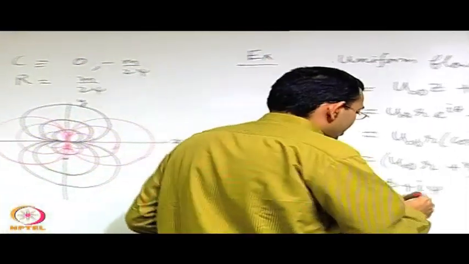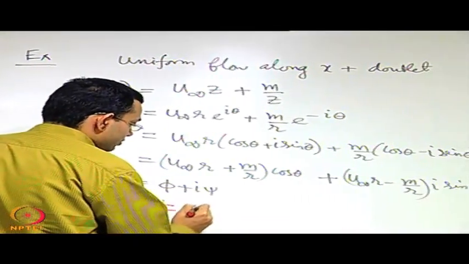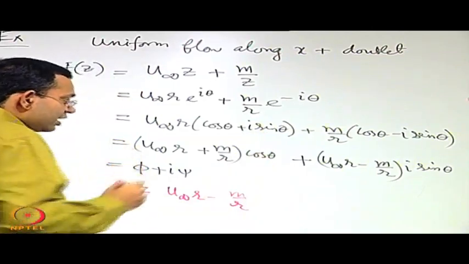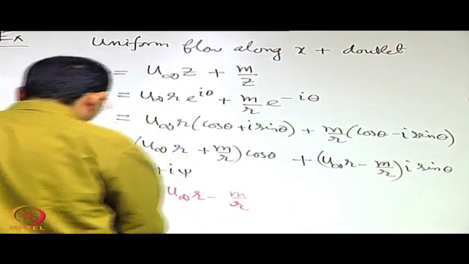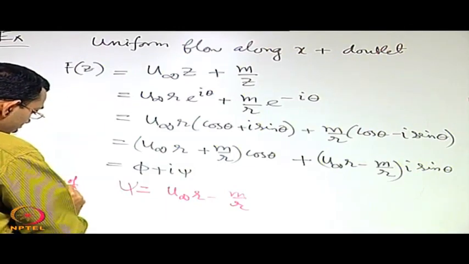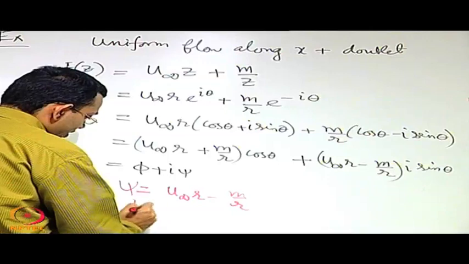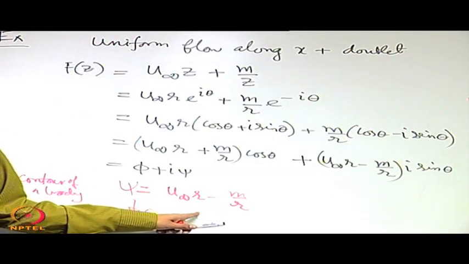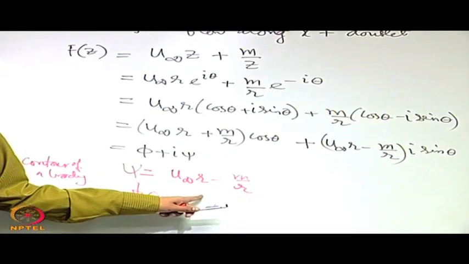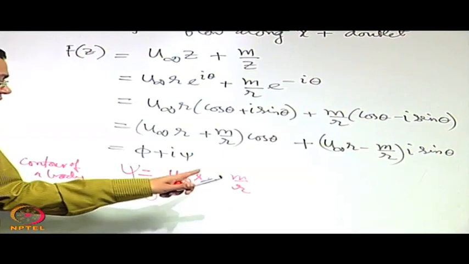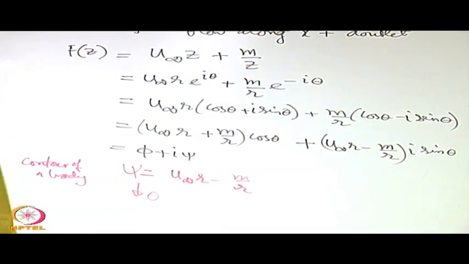So the psi which is here, you can see that if you now generate the contour of a body, this should be 0. You can see that this psi solely depends on the radius r, right. So you can fix a radius such that on that radius the psi is 0, and what is that geometry which is of a fixed radius?